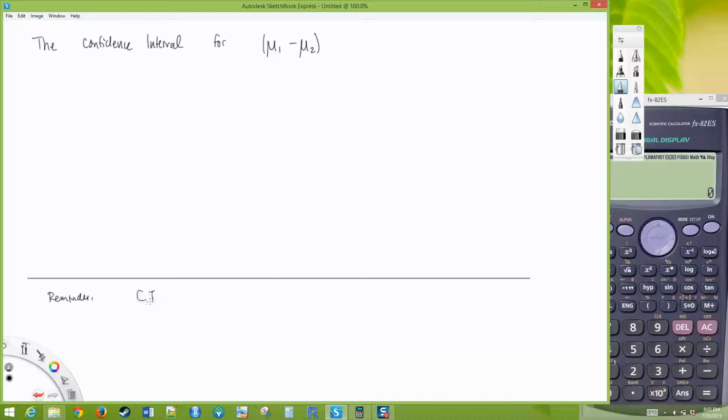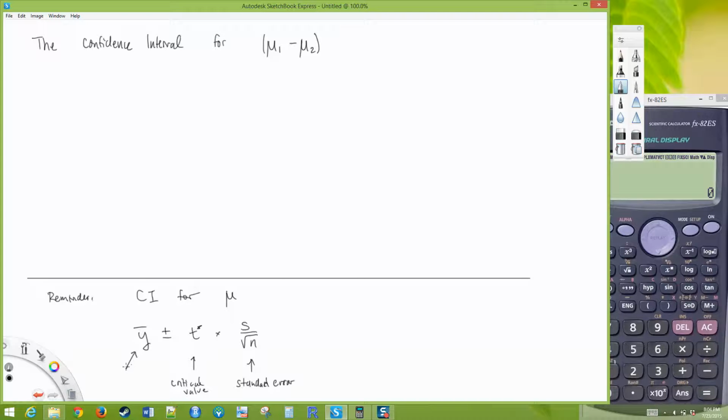So the confidence interval for mu: the starting point we've just put is the sample mean, and we go plus or minus the margin of error. We did t star times the standard error, which was s over the square root of n. This is the standard error, and over here this is the critical value.